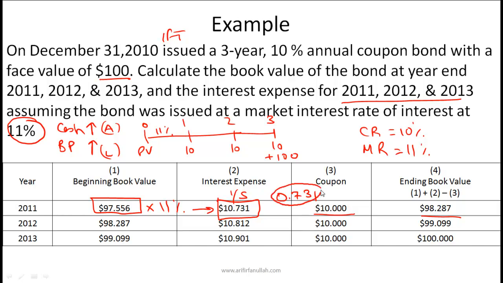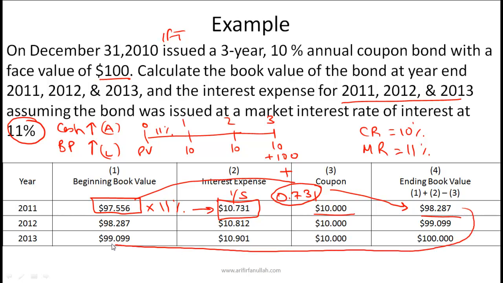This amount is added to the book value at the start of the year. So we have 97.556 plus 0.731 will give us 98.287. This is the book value of the bond at the end of year 1, which then carries forward to the start of year 2. So start of year 2 we have a book value of 98.287.